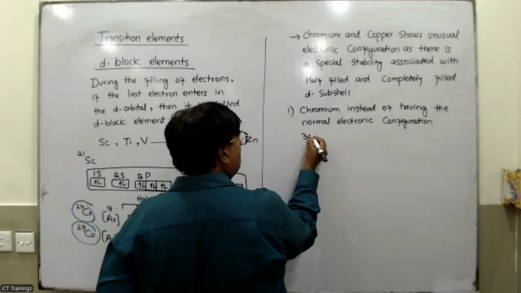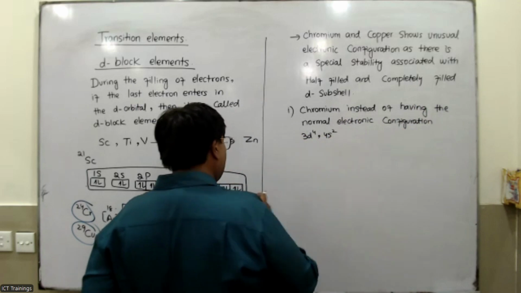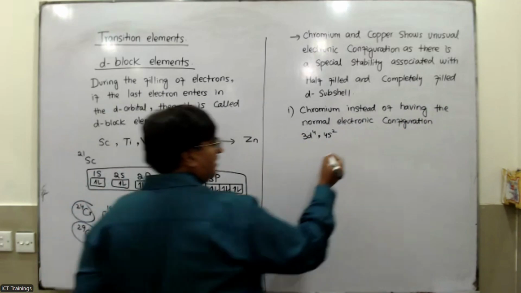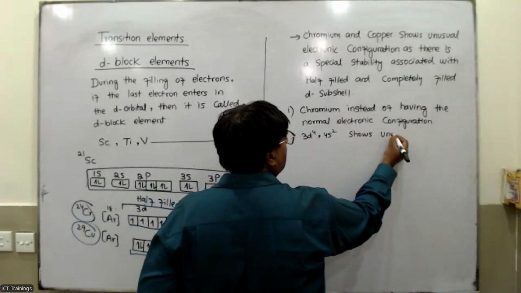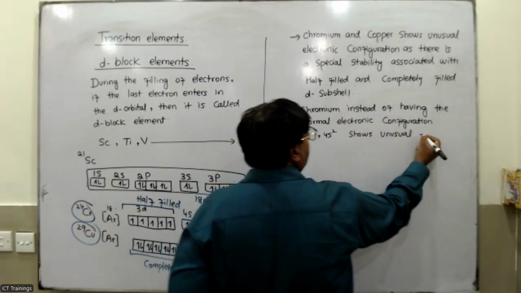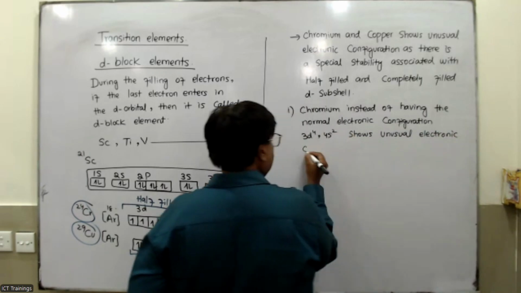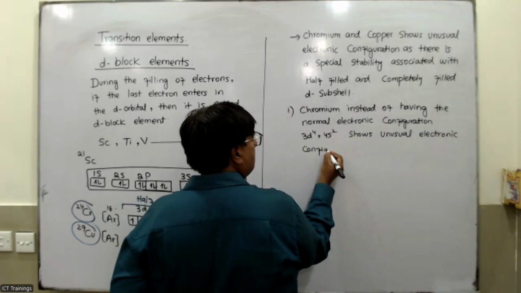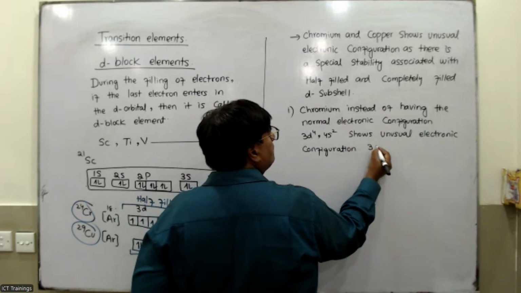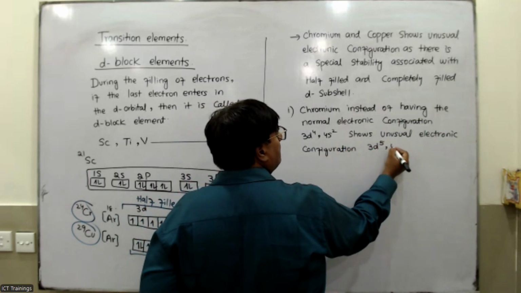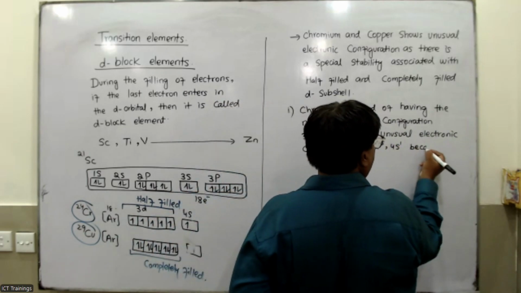The 3d got 4 electrons and 4s got 2 electrons. This is the normal electronic configuration. Okay, shows unusual electronic configuration. And what is the unusual electronic configuration? 3d5 and 4s1.